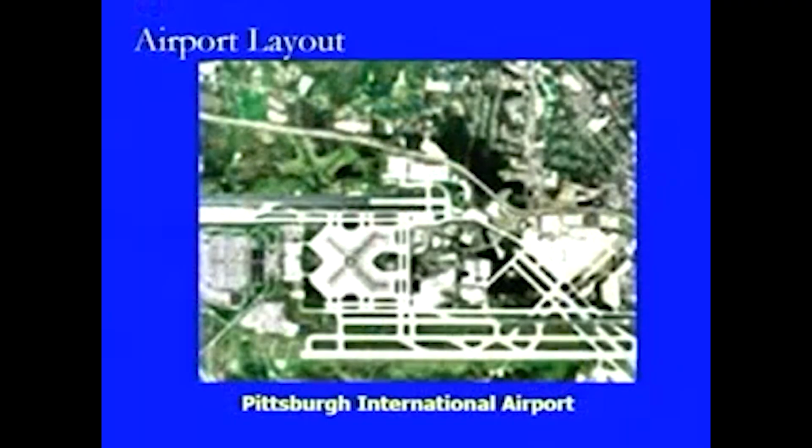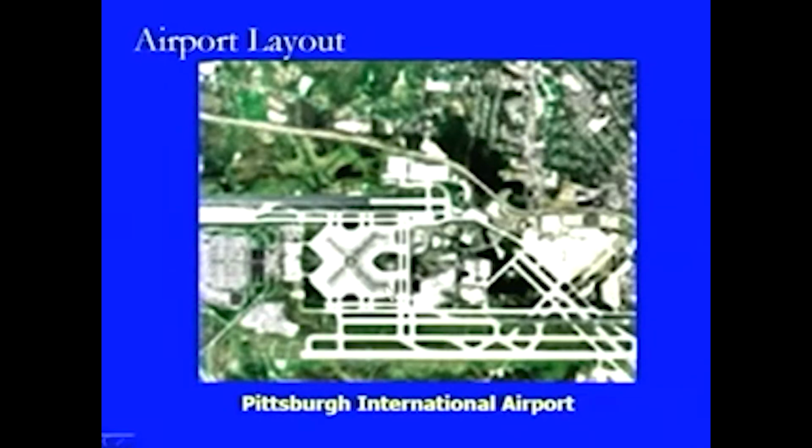Here we are looking again at an airport layout. This is the Pittsburgh International layout, where we can see a centralized terminal area shown in the form of a circle, and then there are some arms coming out of this circle. Here this is a single arm, this is also a single arm, but this is an L-shaped arm here, and this is another L-shaped arm here.